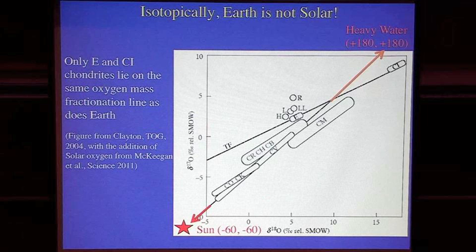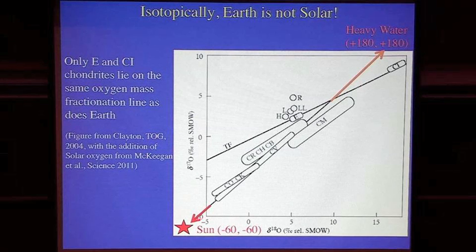We're talking about one of the most abundant elements in the Earth. We have an isotopic composition that's very different from the sun, and it shows that it's some sort of mixture between solar and some very evolved isotopic component in the solar system, maybe even the volatile component. So this is an important point to note: we're looking at an Earth that has a very distinct composition compared to the sun.